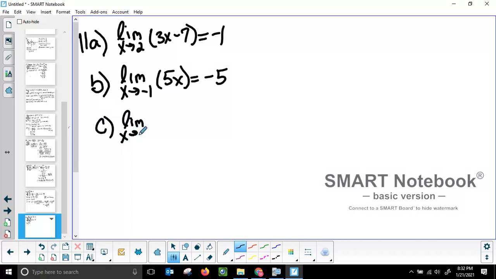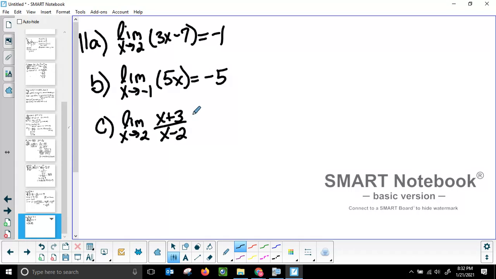The limit as x approaches 2 of x plus 3 over x minus 2. When I try to plug this in, I get 5 over 0.